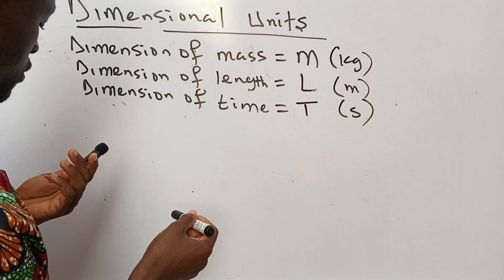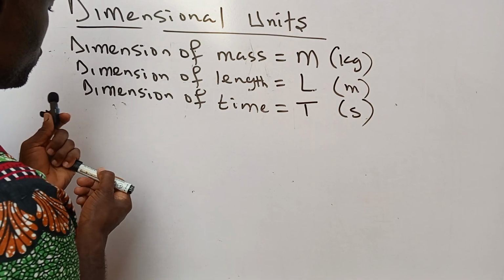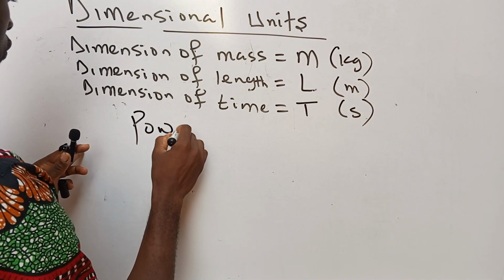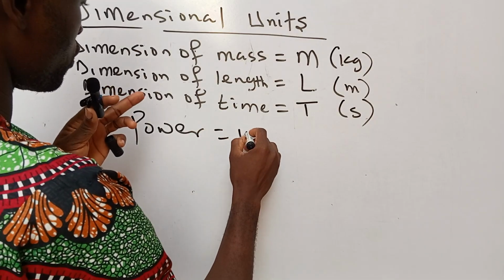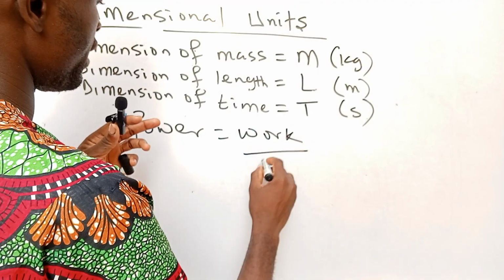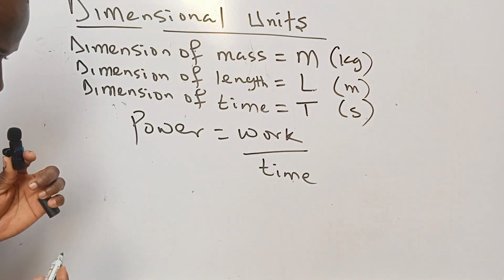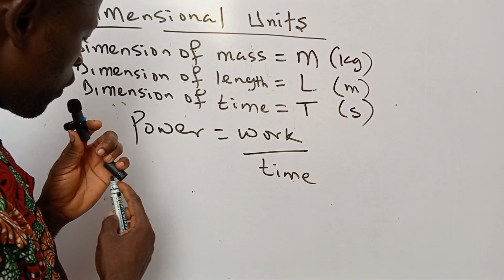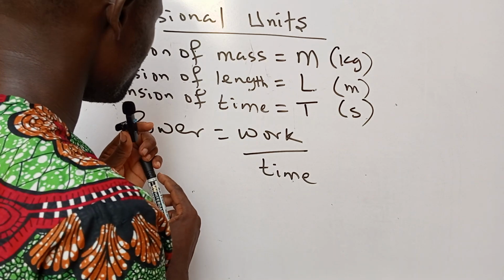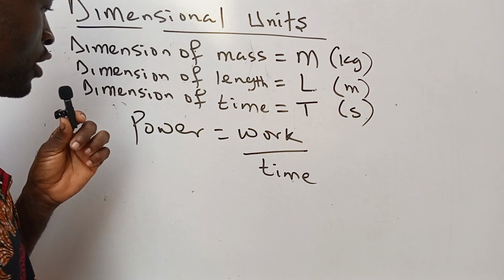That is the formula for power. Power equals work divided by time. Use this to derive the dimensional unit of power, and drop the answer in the comment section.